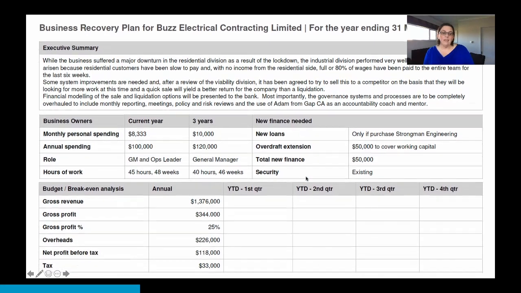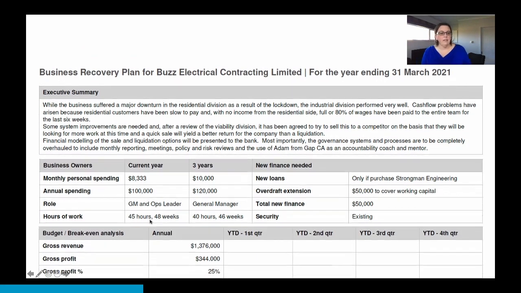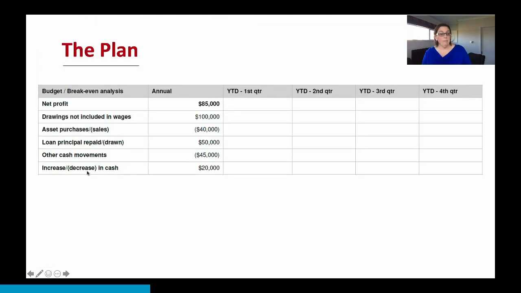Then we have the moving into the business cash flow side of things. So what you can see is that this works in from our bottom up, where we talked about the increase or decrease in cash, other cash movements, loans, asset purchase or sales, drawings, i.e. what you needed in the earlier section, which gets us to net profit.